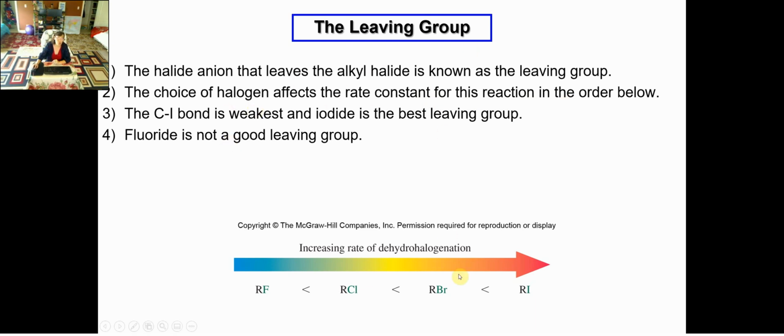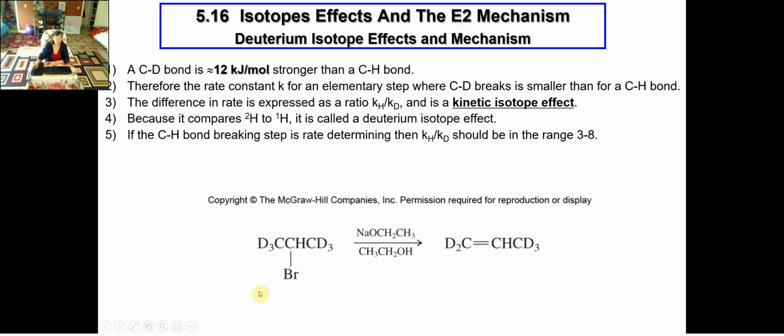The rate is going to increase from fluoro to chloro to bromo and all the way to iodo. Your fluoride is not a very good leaving group, meaning the reaction rate will be correspondingly slower.